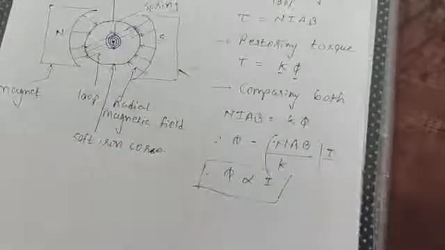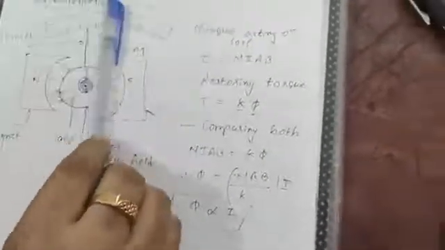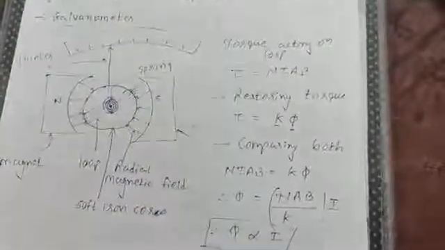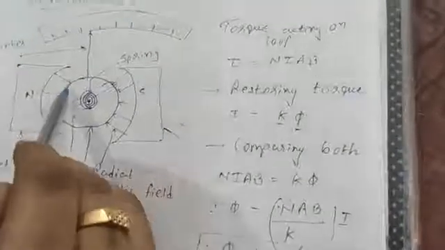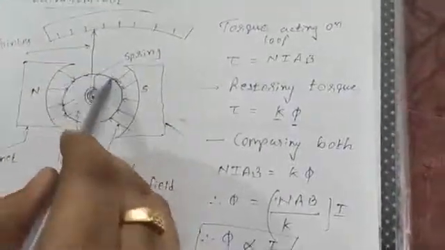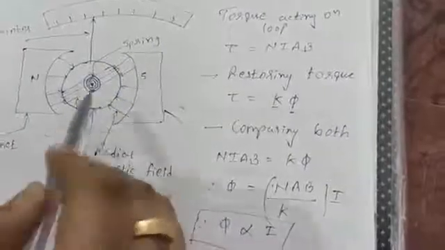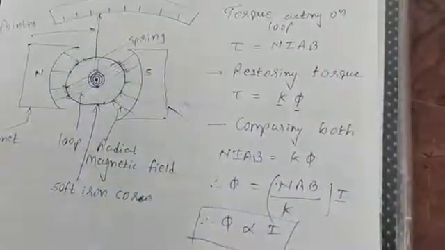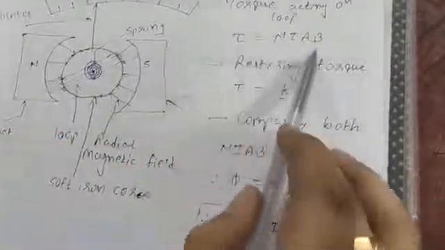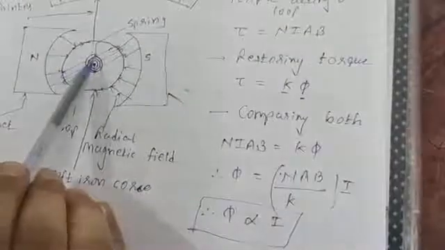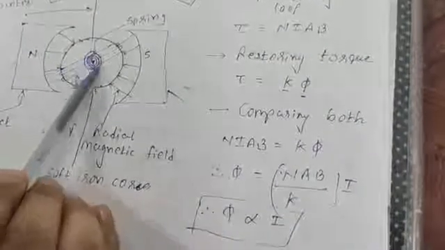Phi is the deflection of the pointer, so the deflection of the pointer is proportional to the current flowing through this circular coil. If current flows through this circular coil, then torque NIAB will be generated on it, and because of that torque the spring will rotate.